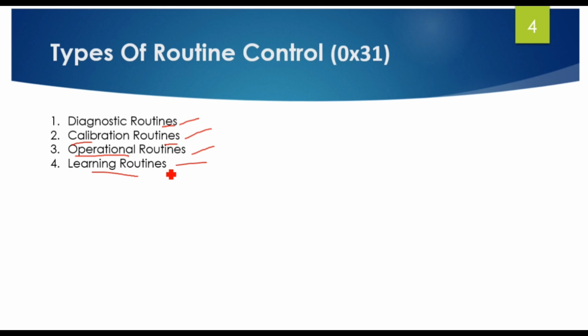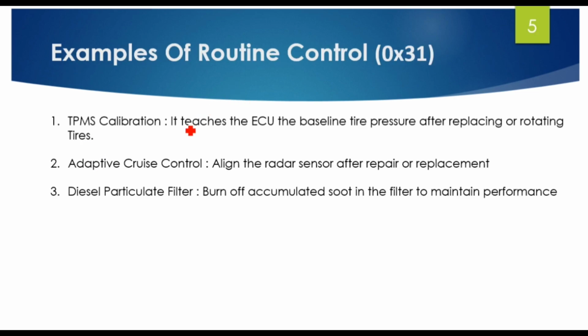For example, resetting the transmission adaptation values to improve shifting behavior. So this is just an overview of the types routine control has. Examples of routine control here are TPMS calibration, adaptive cruise control, and particulate filter regeneration.